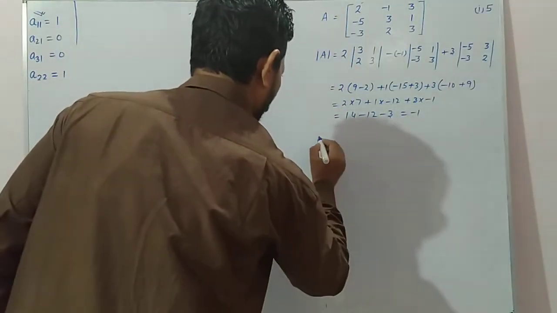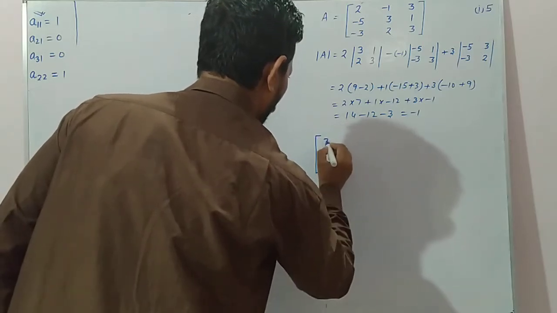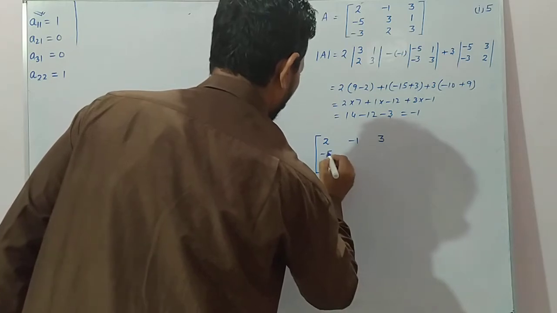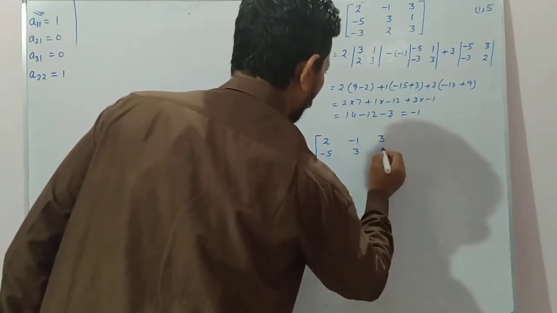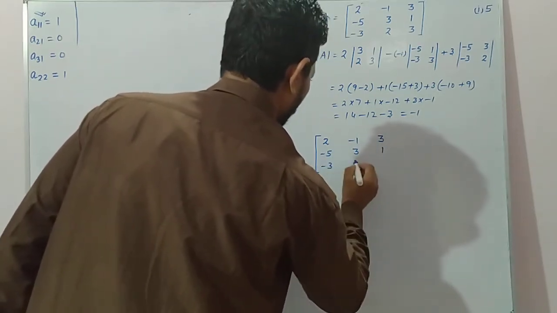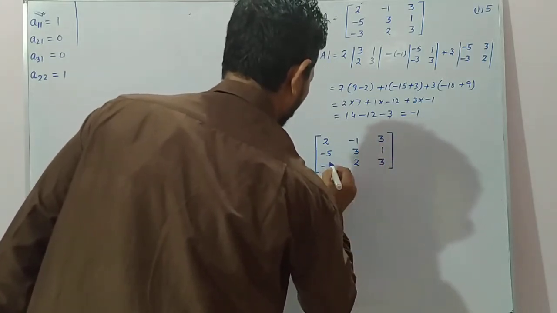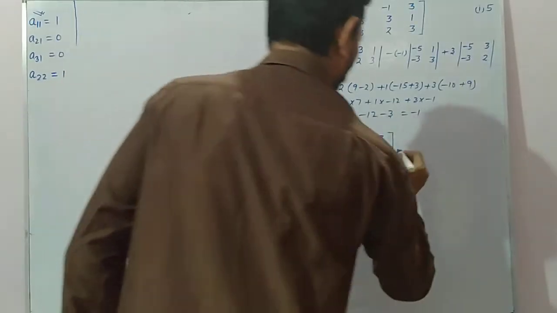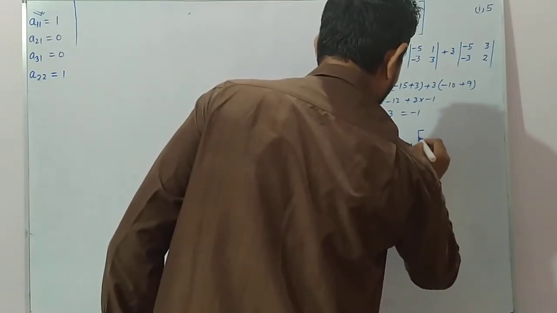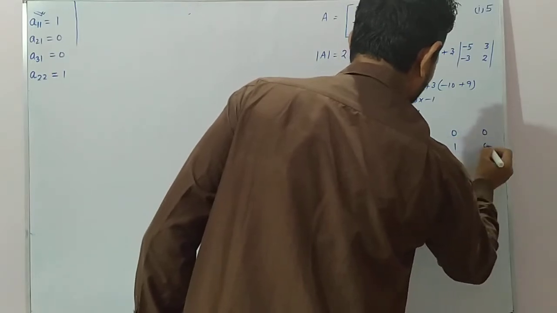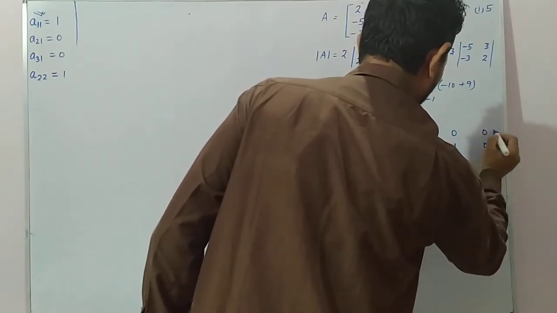So this is A. We will write 2 minus 1 3, minus 5 3 1, minus 3 2 3, equal to A, 1 0 0, 0 1 0, 0 0 1.